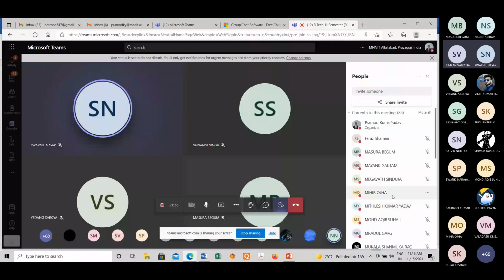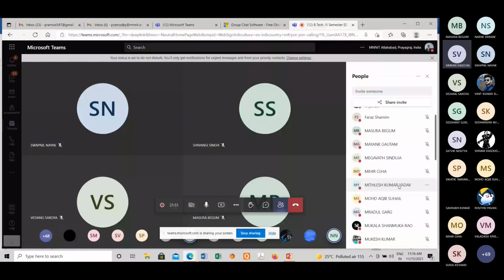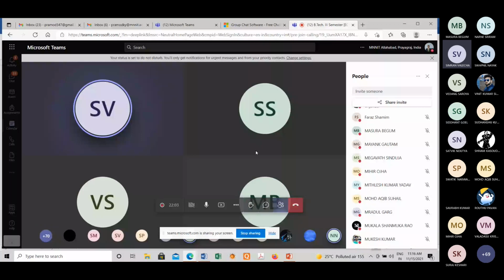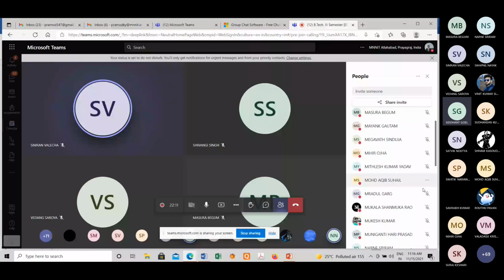Meghavat, Sindhuja, Mihir Oza, Mohammad Akif Suhail, Mradul Garg, Mukula, Mukesh.